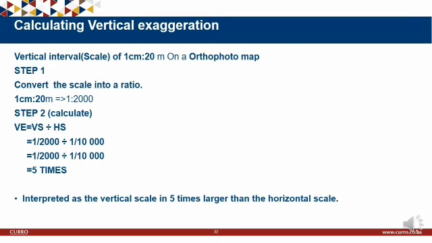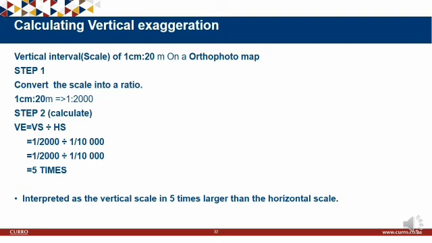Now, calculating the vertical exaggeration, this is the second example, still on that table 1.4. We convert the scale into a ratio, but the difference now is we are using an orthophoto map instead of a topographical map. Now, the VE, vertical exaggeration, equals the VS divided by the HS. The VS remains 1 is to 2000, divided by the horizontal scale.